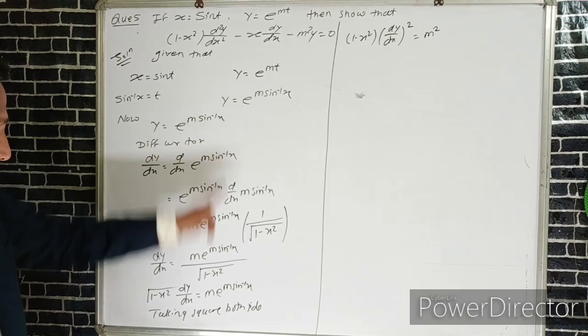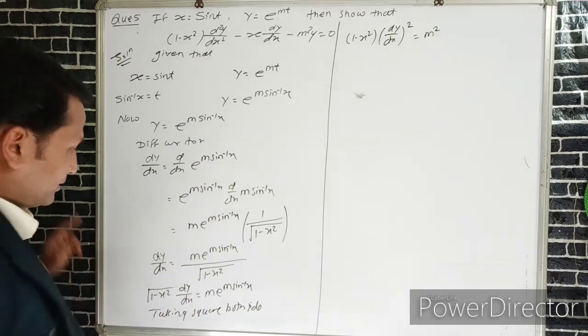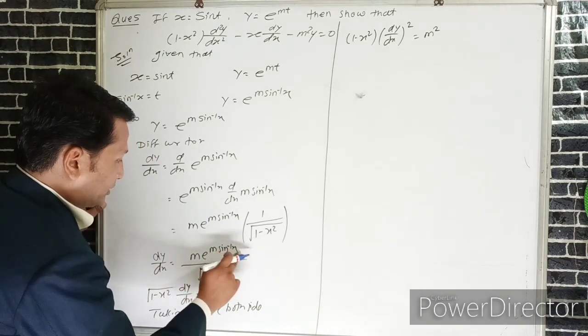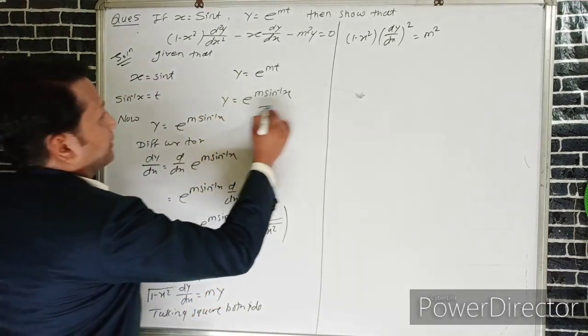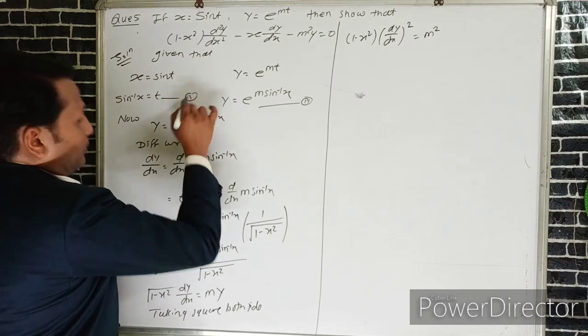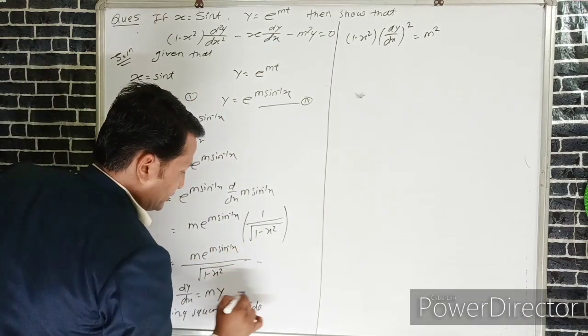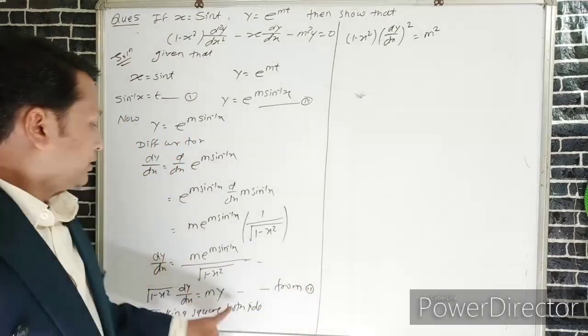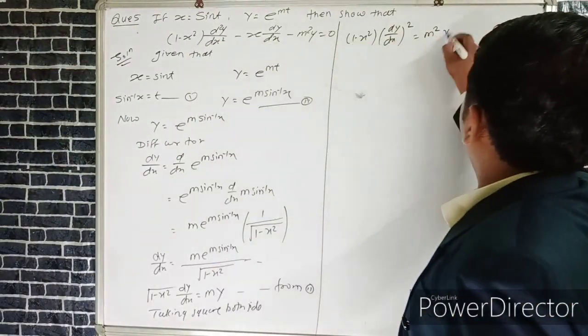If we replace this value of y, we can write m square into y square.